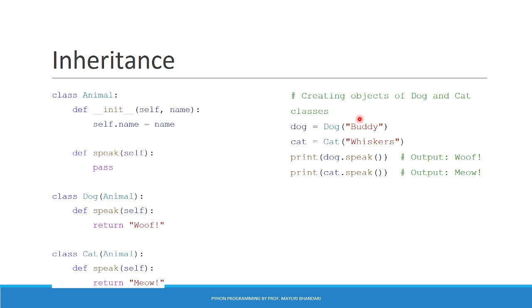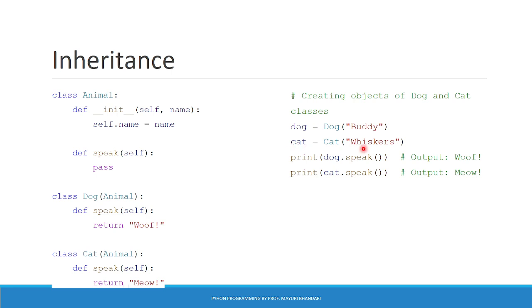Now how to create objects of inherited classes? It is similar: object name equal to class name, and in brackets we are giving some name, because our parent class has an init method, and that init method requires name. So while creating the object you have to give that name.